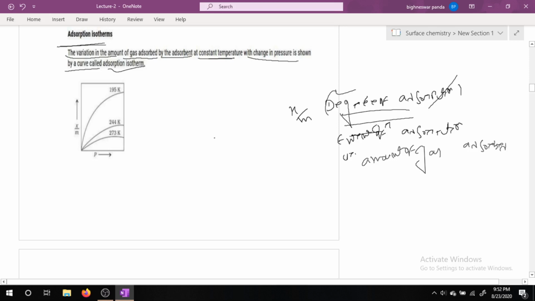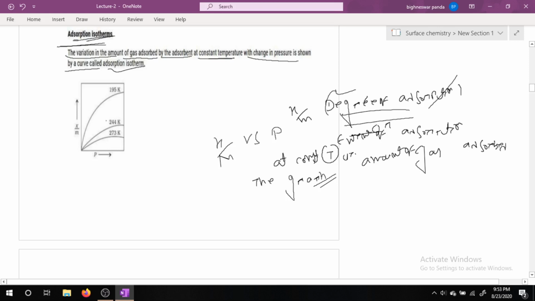If I plot a graph between x by m versus pressure at constant temperature, the resulting graph is called adsorption isotherm.